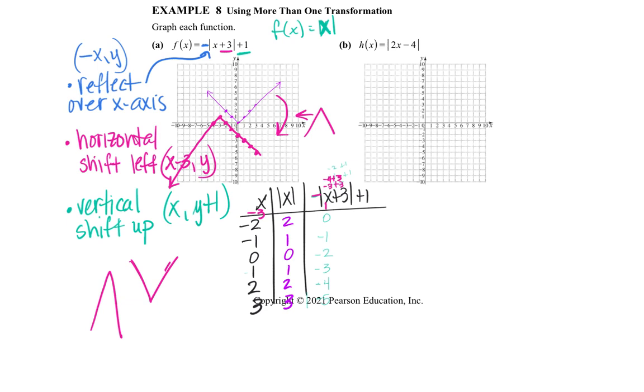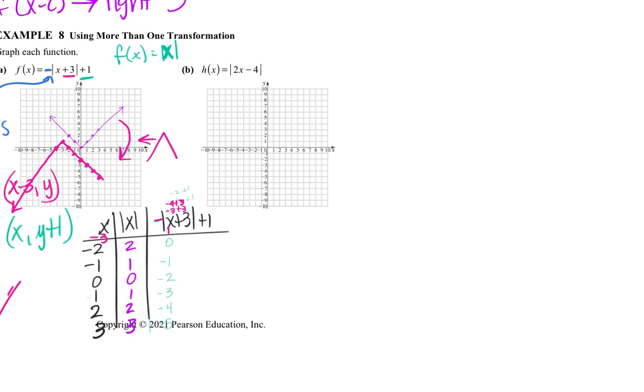All right, so now let's look at the absolute value of 2x minus 4. Well, the first thing I'm going to do is factor out a 2 because you are able to do that. So this is going to be 2 absolute value of x minus 2.